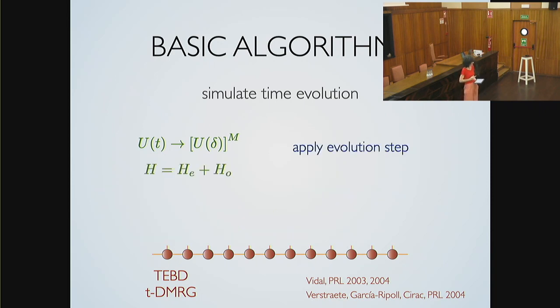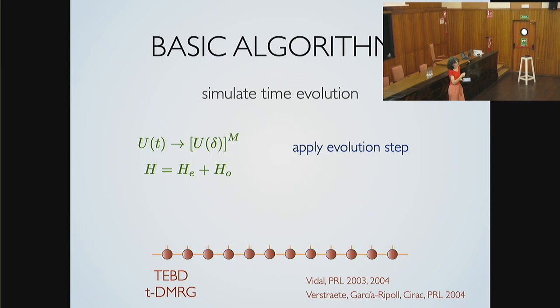So the next step is to approximate these small steps as a product of local tensors. In particular, if you think in the quantum computation language, you could think of approximating it as a product of few-body gates.